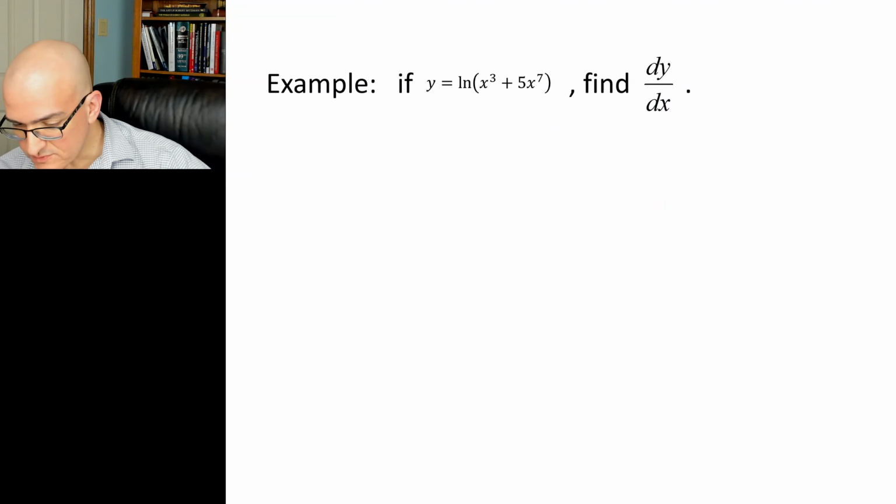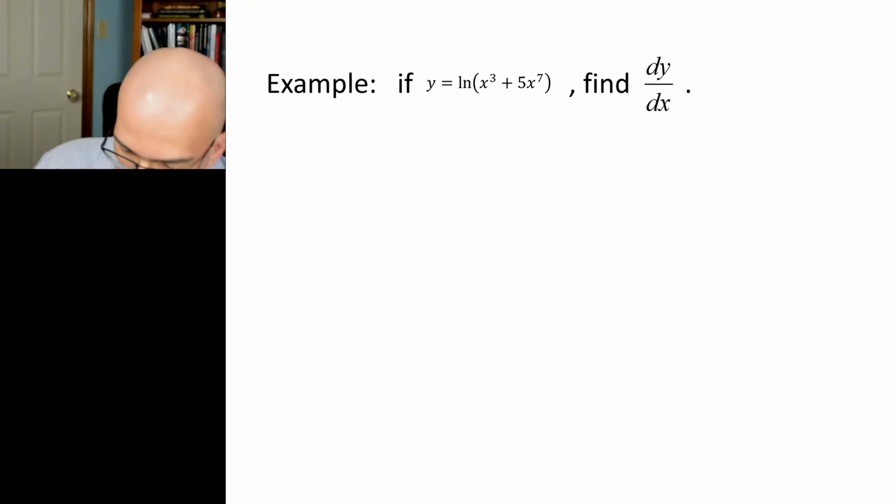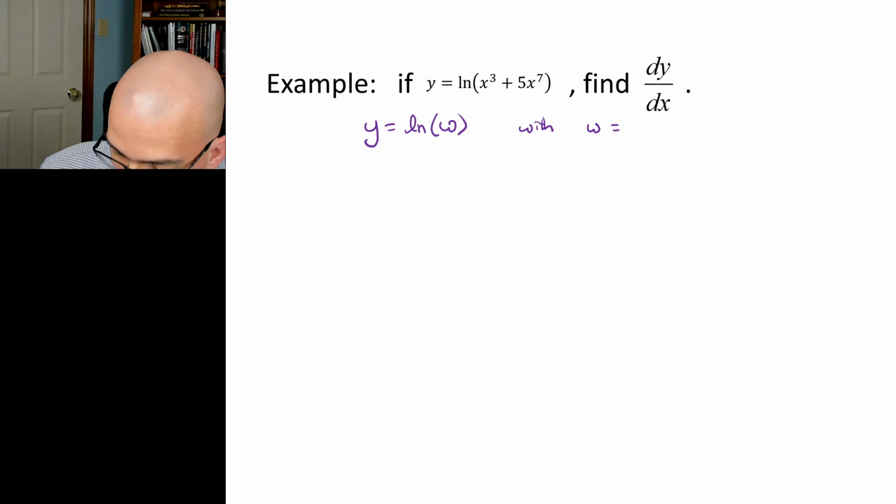Anyway, so let's look at an example of taking the derivative of the ln of a function. Derivative of ln of, in this case, x to the power 3 plus 5x to the power 7. So before taking the derivative, I'm going to rewrite the expression. Y is the ln of w with w equal to x cubed plus 5x to the power 7.